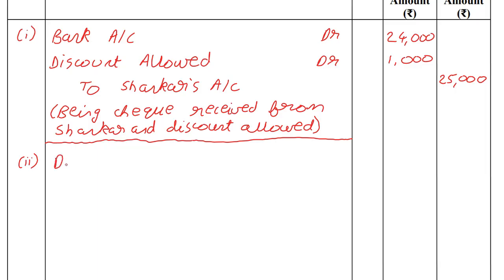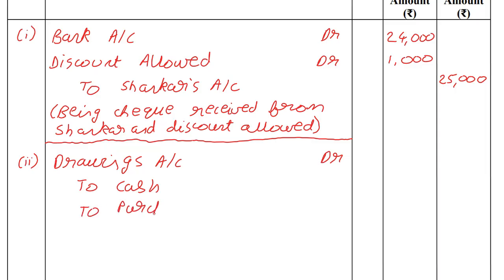So we debit the receiver: drawings account, debit. What is going out? Cash, credit what goes out, and goods for which we're crediting the purchase account. So cash account, purchase account.